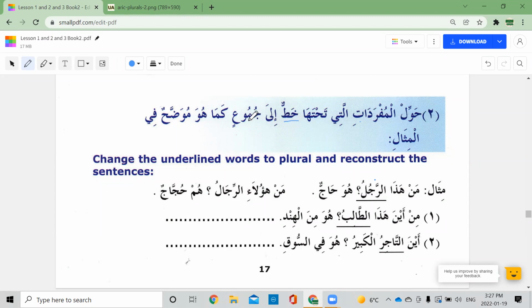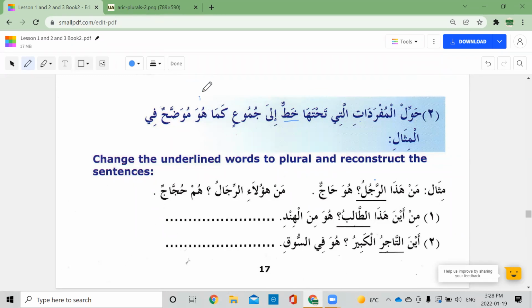إلى, to. جموع, to plurals. Plurals, yes. Jumu'. كما, and huwa. Kama means like. Like huwa muwaddahun. Ma'am, please, I can help you. Kama, like. Huwa. Here, huwa is used for it.